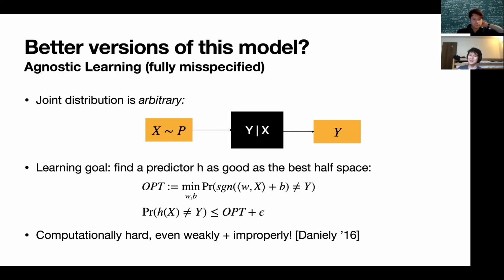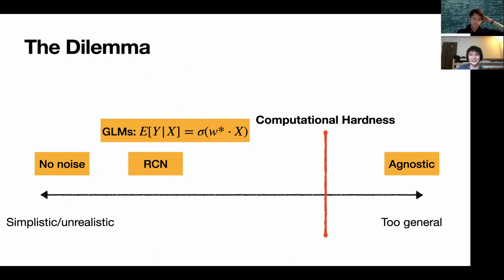So if I let you fit something more powerful than a half space, could be totally uninterpretable, you still can't do it. And also he showed that you cannot even do it weakly, so you can't even do a little bit better than 50% accuracy. Both of those things are not possible to do. So basically there's no hope for coming up with algorithms for this model. And so this kind of leads us to this trade-off.